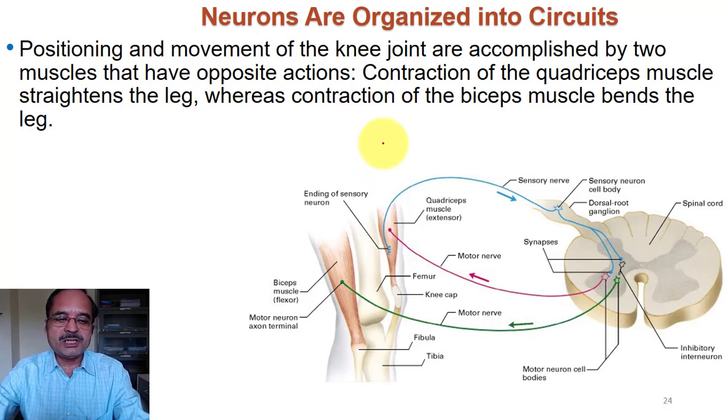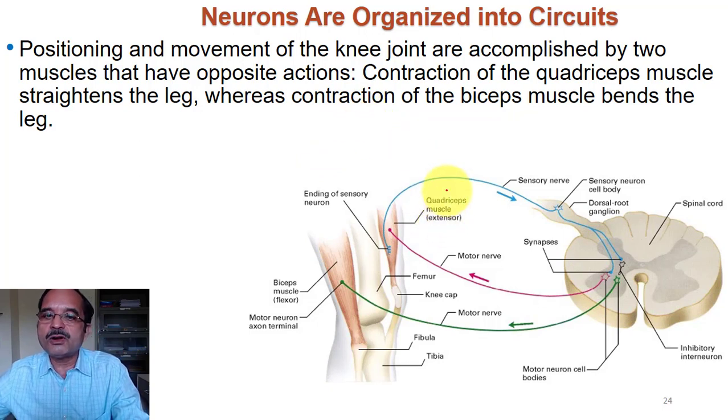In the nervous system, the neurons are organized in the form of circuits. In complex multicellular animals, various types of neurons form signaling circuits. In the simple type of circuit called a reflex arc, that is what you see in this diagram, the interneurons connect multiple sensory and motor neurons.